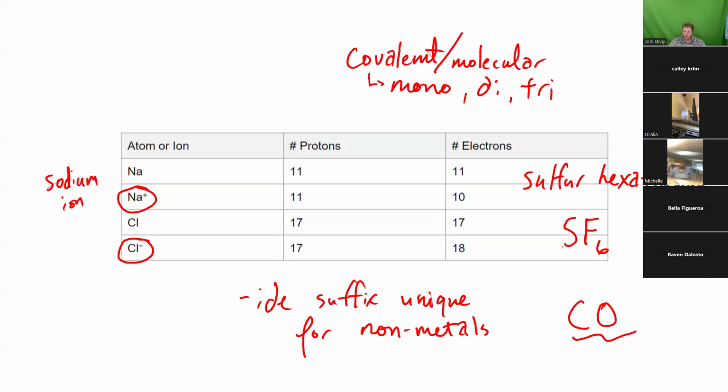You've got to have that prefix there. Now let's go ahead and try this one, SF5. What's that? I'll give you a hint. It's very similar to sulfur hexafluoride.